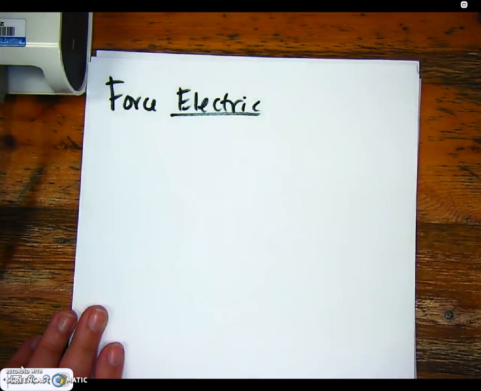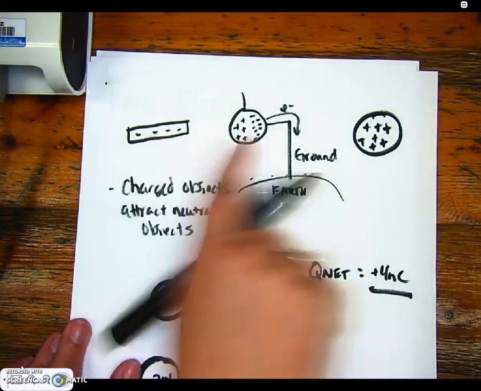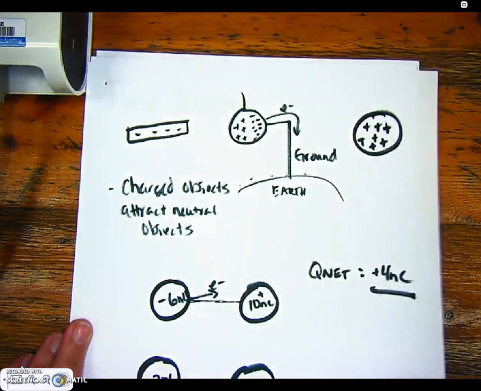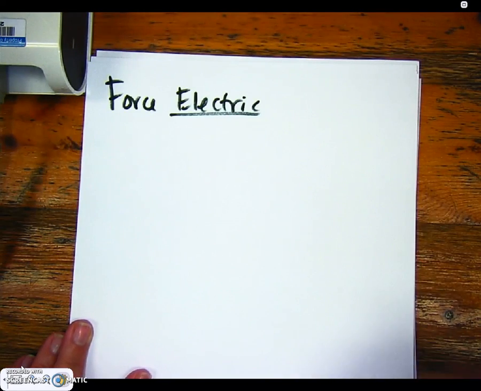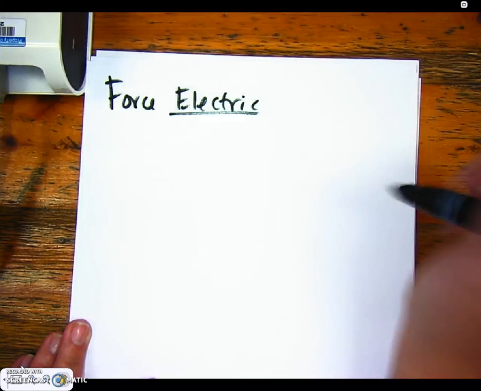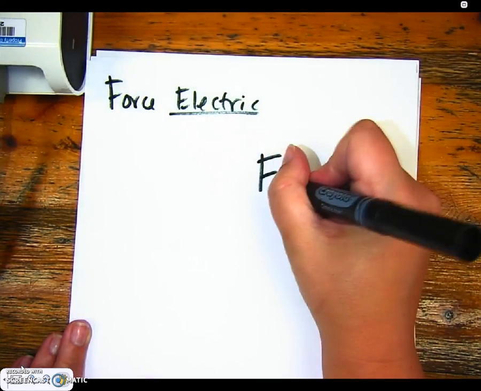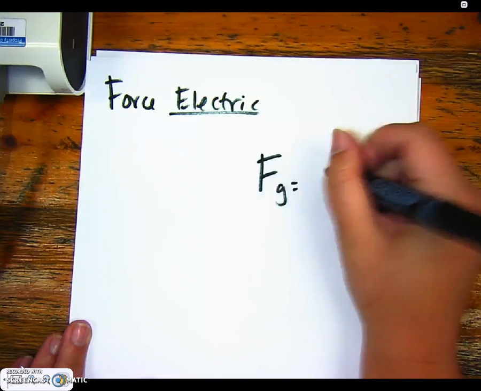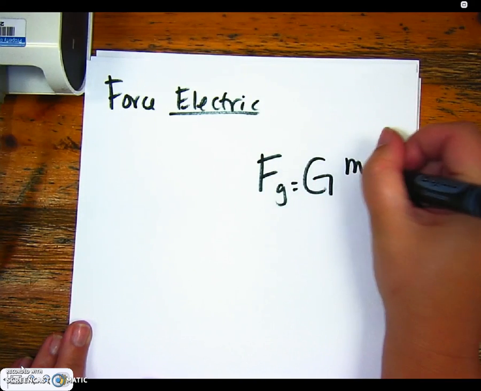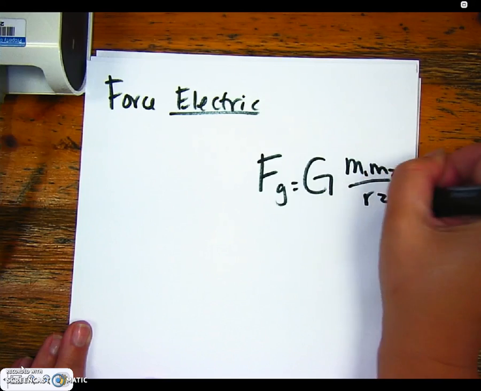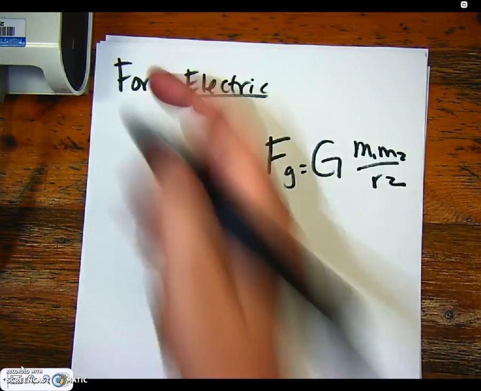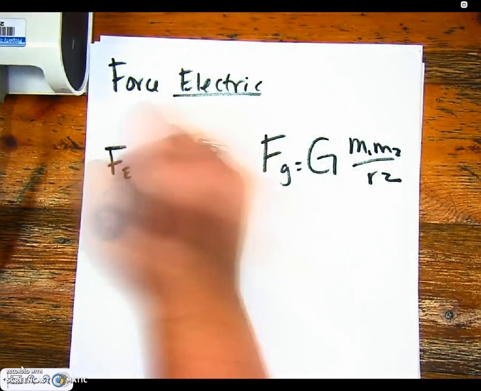This force occurred without the objects actually touching each other, so it's one of our field forces. We've already seen another inverse square law, the force due to gravity, which is equal to a constant G m1 m2 over r squared.